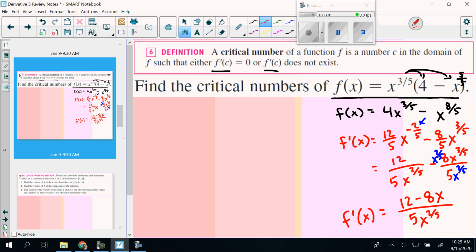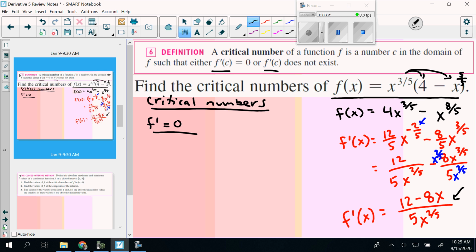Where are critical numbers? So one place to find critical numbers is where our derivative equals 0. So let's do that first. That derivative right here is going to be equal to 0 wherever the numerator equals 0.